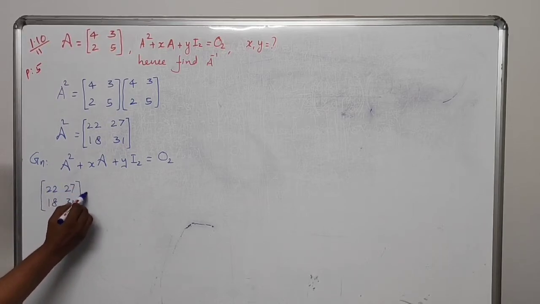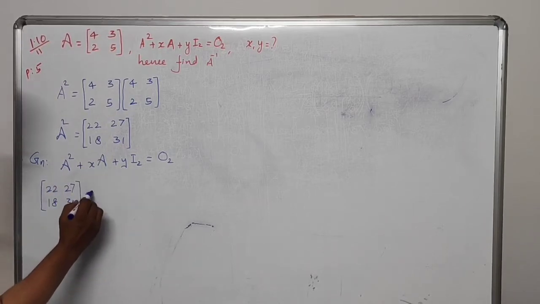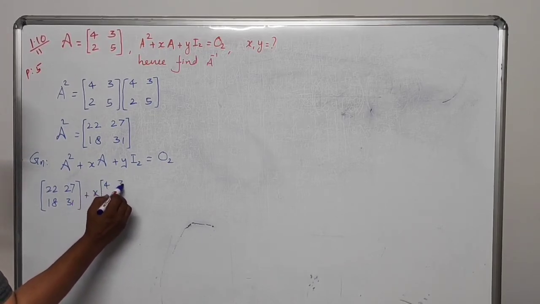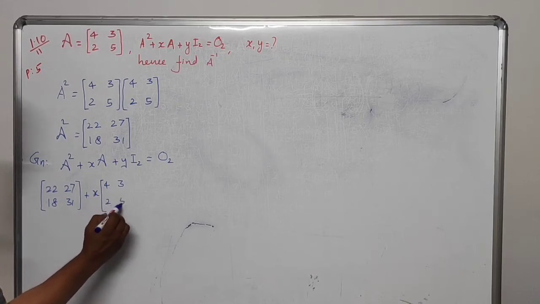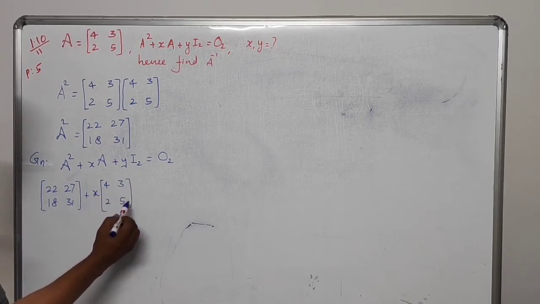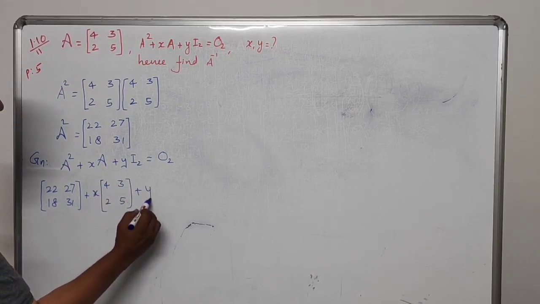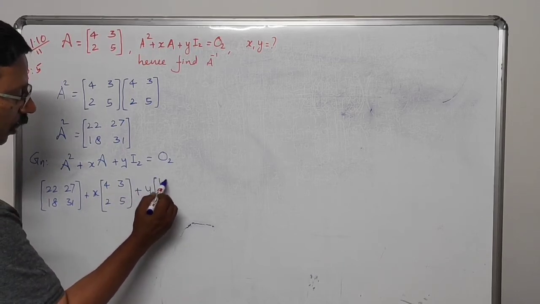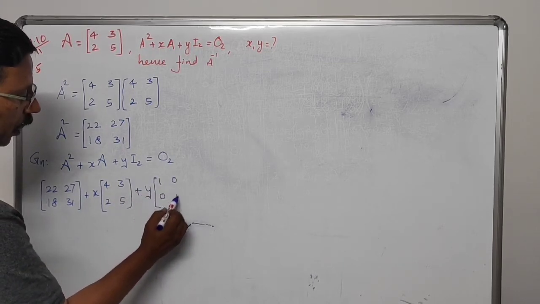Then plus x into the matrix A, which is 4, 3, 2, 5. Then plus y into I2, the identity matrix of order 2, you can say 1, 0, 0, 1.